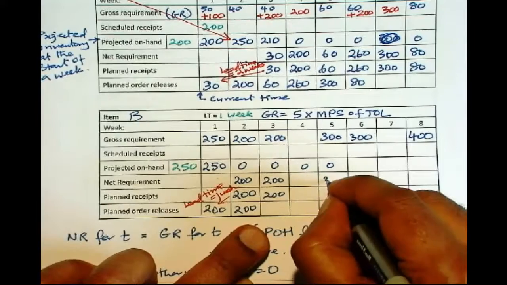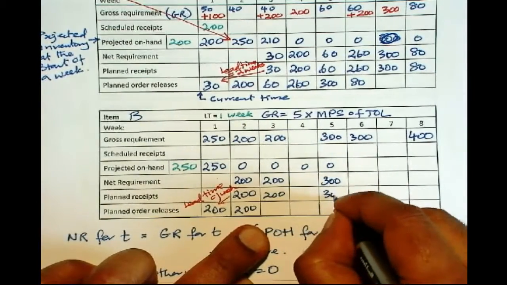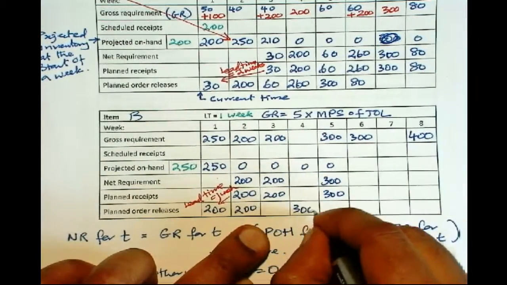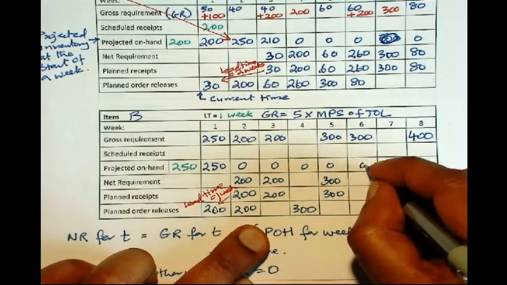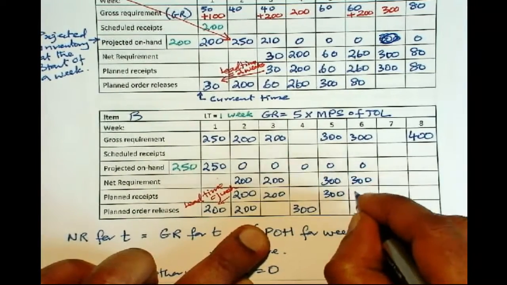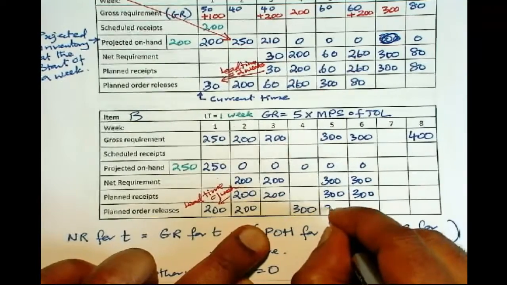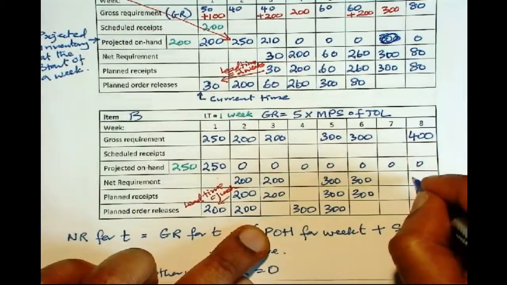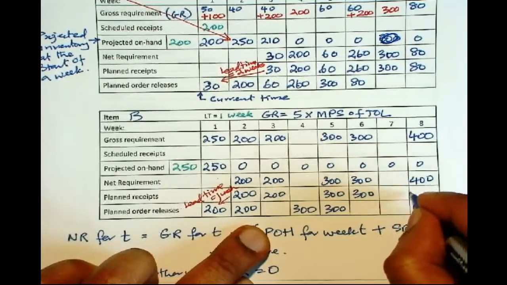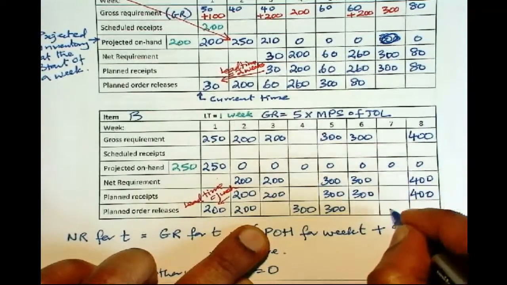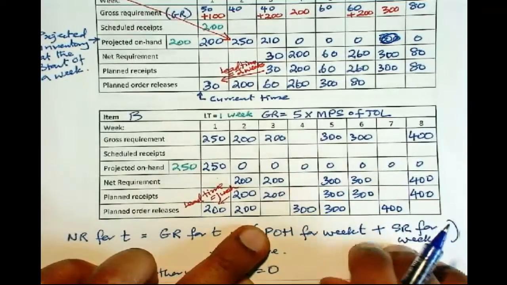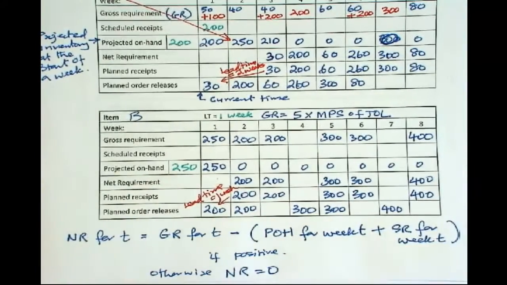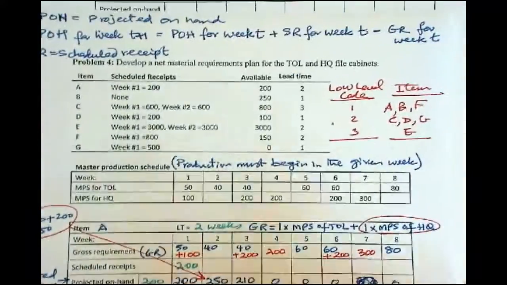So this will give us 300, 300, 300. 300 minus 300 is 0. See, the computations are very simple. It's just addition and subtraction. But what's important is that you have to do it in the proper order and be careful not to make any silly mistakes.